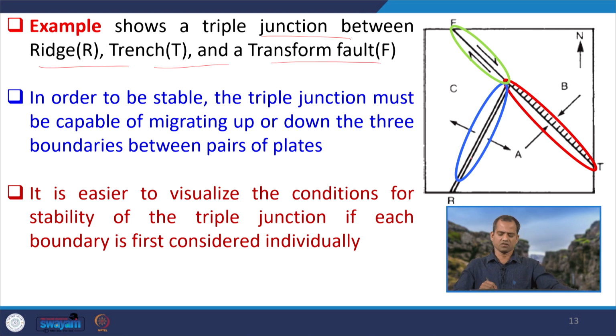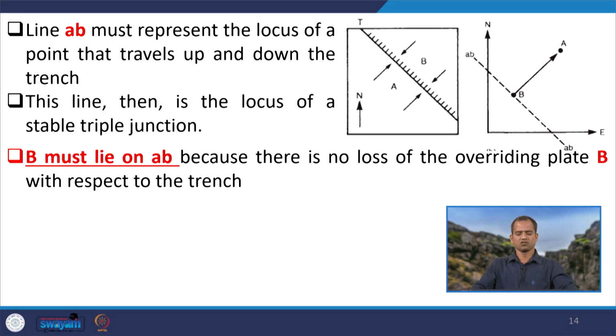Here this is the ridge, this is the trench and this is the transform fault, and in order to be stable this triple junction must be capable of migrating up or down along the 3 boundaries between this pair of plates. And it is easier to visualize the conditions for stability of a triple junction if each boundary is first considered individually. For example, suppose I am talking about a trench.